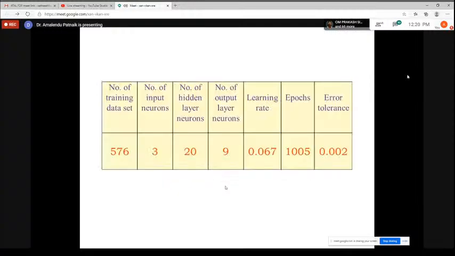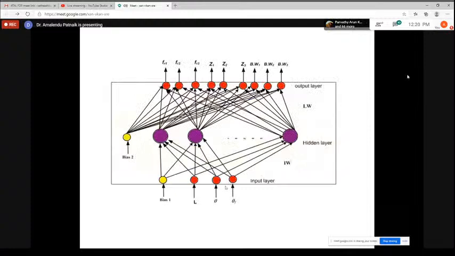These are the parameters of the training data for the neural network. We calculated these values for different L, theta 1. That is the first step of implementing that design process.